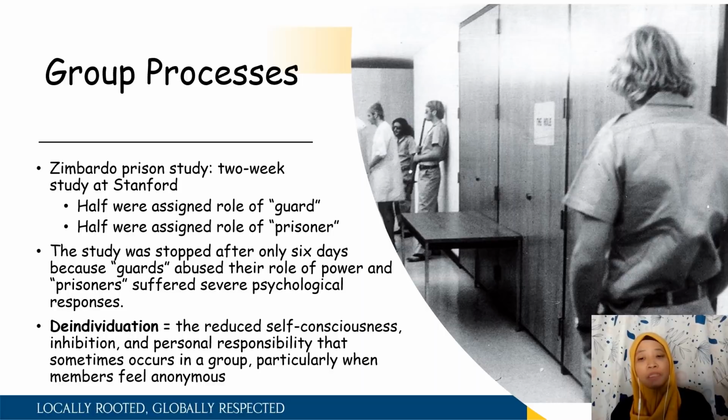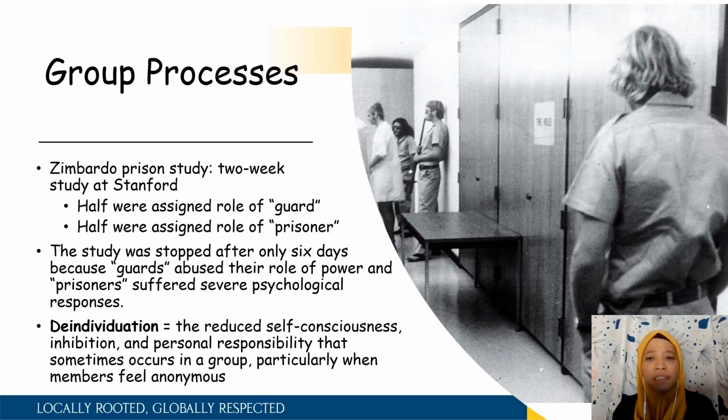Why did this happen in a group? Because there is this de-individuation process. This is the reduced self-consciousness, inhibition, and personal responsibility that sometimes occurs in a group, particularly when members feel anonymous. So we might wonder why there is so much violence or aggressive behavior conducted by groups of people. It's because these people feel anonymous.